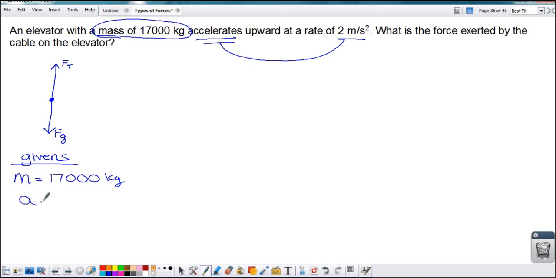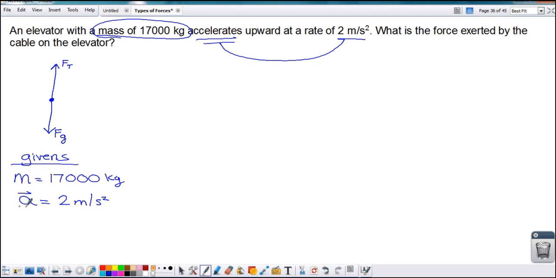So we know the acceleration is in the upward direction, which we let be positive, so I'm just going to leave it positive, meters per second squared. And the question says, what is the force exerted by the cable on the elevator?